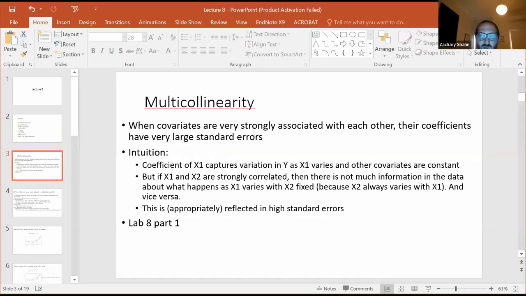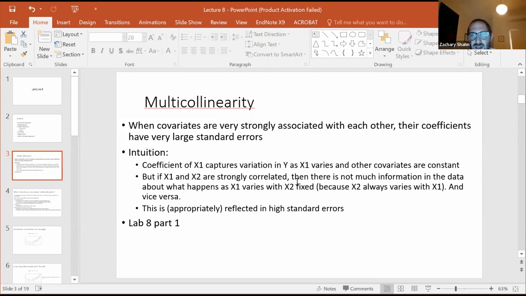So the first thing we'll learn about is multi-collinearity. When covariates are very strongly associated with each other, then their coefficients in a regression model are going to have very large standard errors. The intuition about this is that, let's say x1 and x2 are very strongly correlated, then it's very rare for x1 to vary, but x2 not to vary because they vary together.